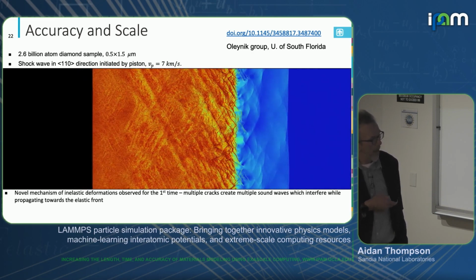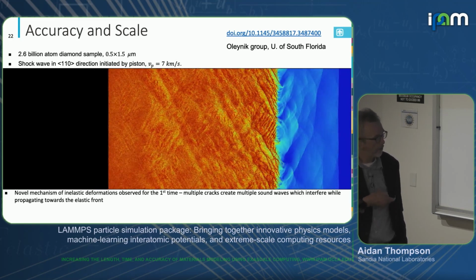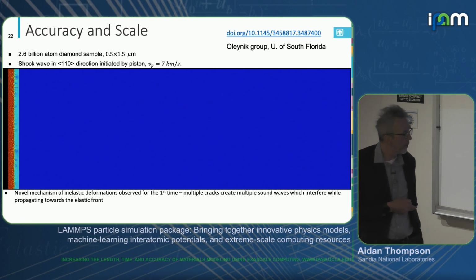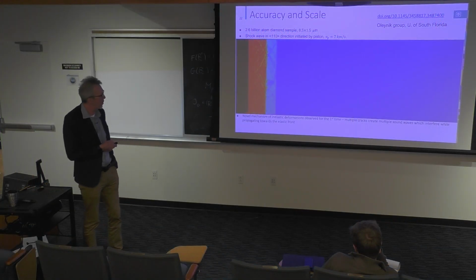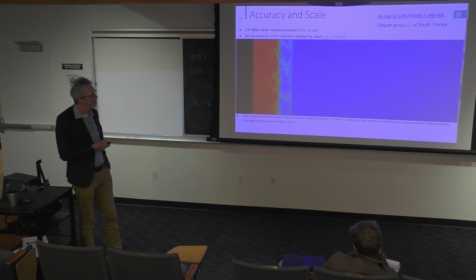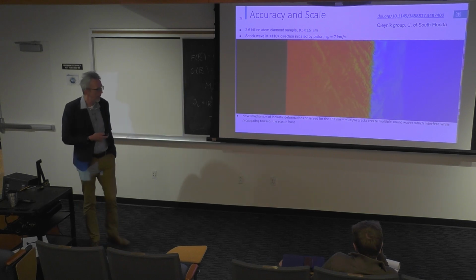Far behind is heavily plastically deformed carbon, but still in the diamond crystal phase. And then in between is this really complex interplay between shear stress and plastic deformation, which produces sound waves emanating forward from crack tips. And then those sound waves are constructively reinforcing each other and nucleating new crack waves.